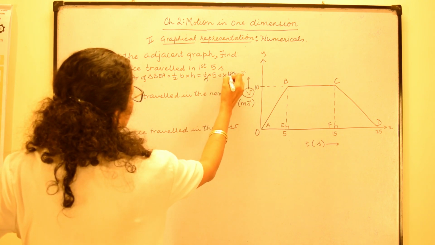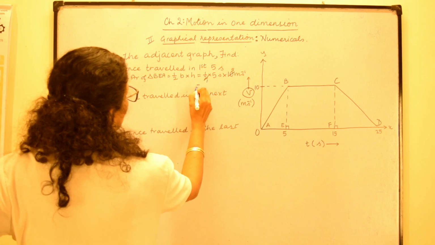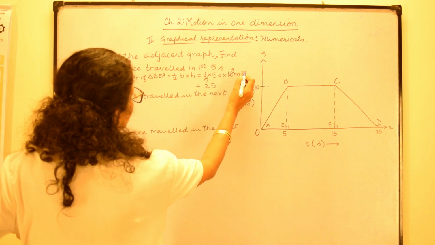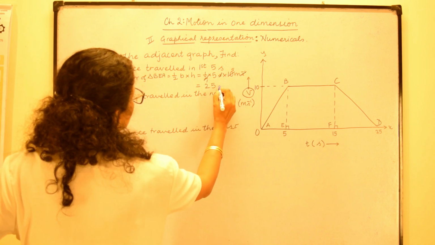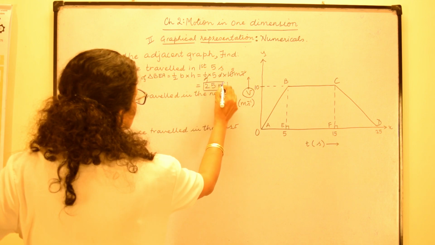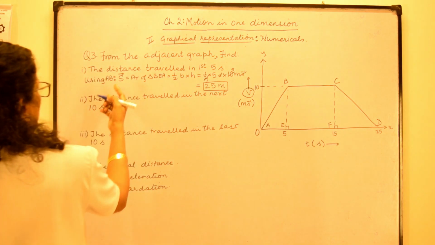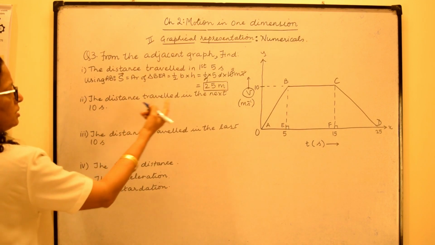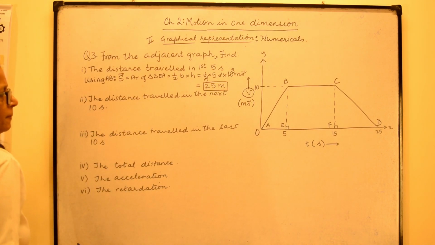So 2 will go here 5 times, and that will give us 5 is 25. So we have 25 unit wise seconds will get cancelled, and 25 meters is what we will get as our first displacement. Now we come to the distance travelled in the next 10 seconds.